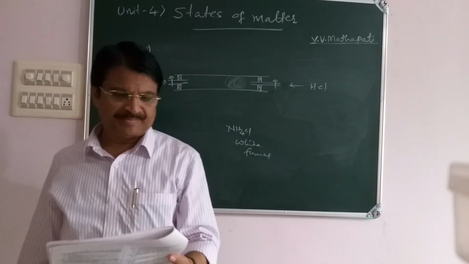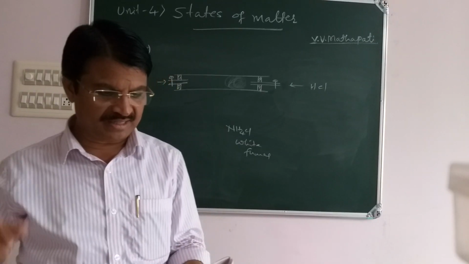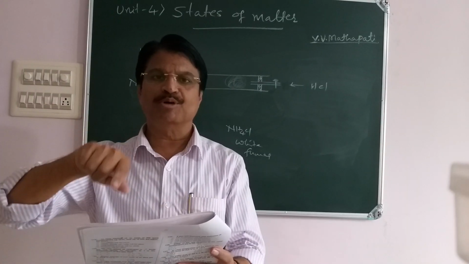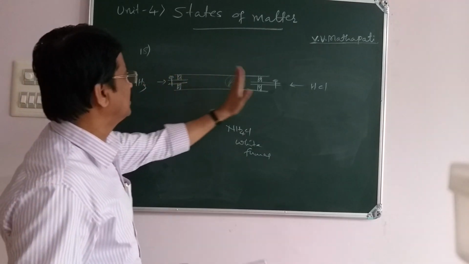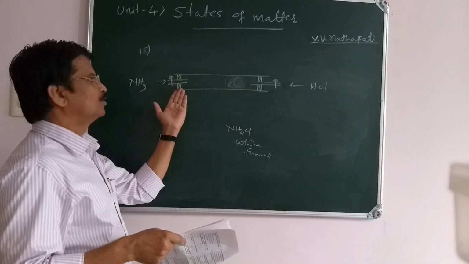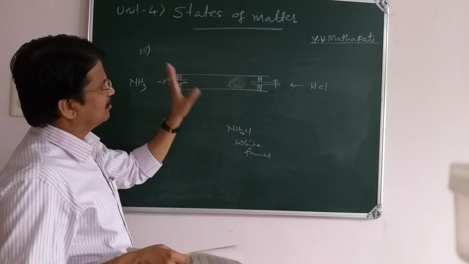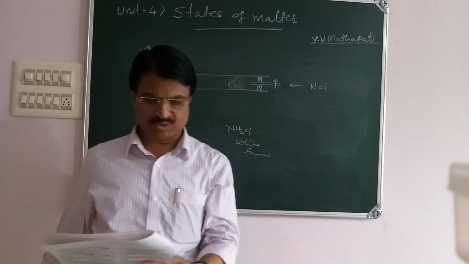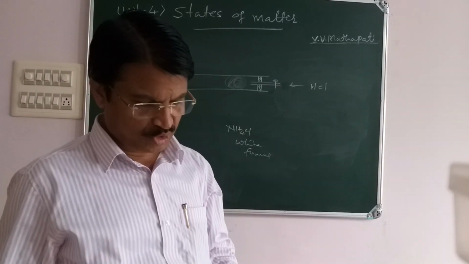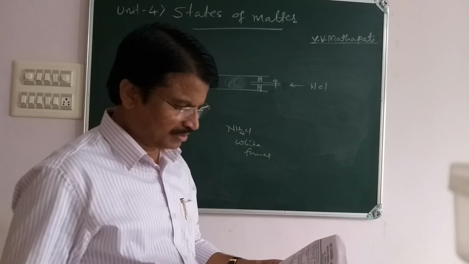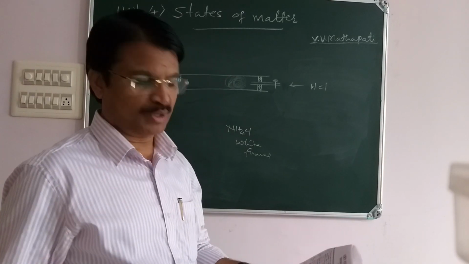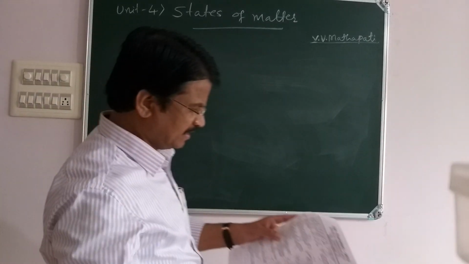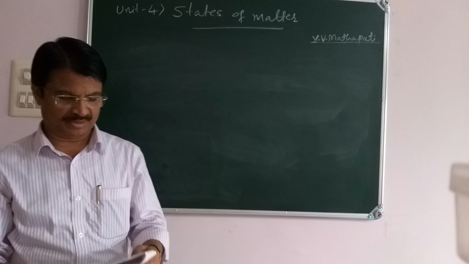The options are given like this: nearer to HCl end, at the center of the tube, throughout the tube, nearer to ammonia end. So the answer is the first one because of the rate of diffusion. So question number 18, answer 1.